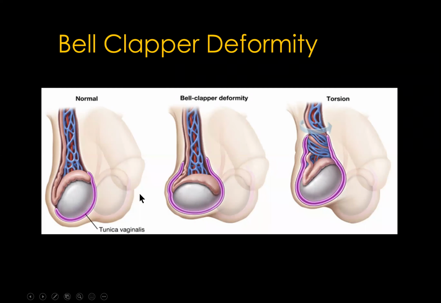The bell clapper anomaly occurs when the tunica vaginalis completely surrounds the testis, the epididymis, and the distal spermatic cord. All of it is enclosed by the tunica vaginalis. This allows them to move and rotate freely within the scrotum, like the clapper inside the bell.